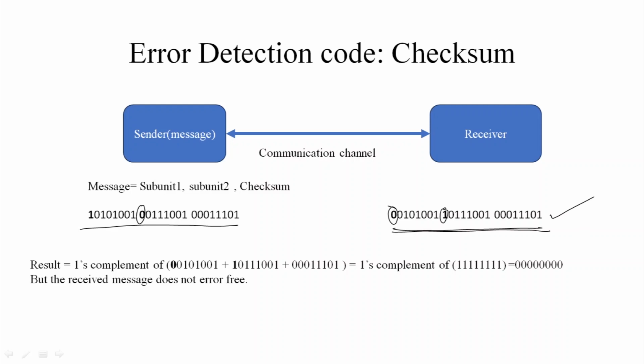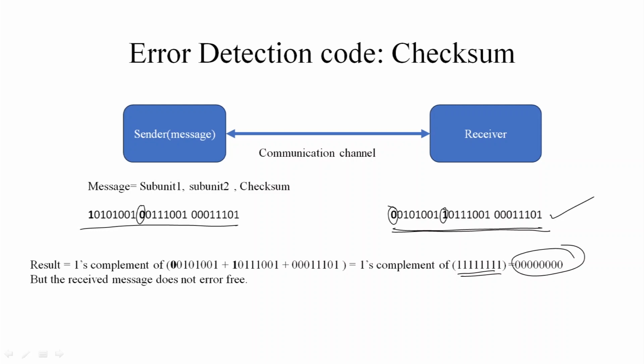When the receiver does the computation at its end, what happens? The receiver finds the ones complement of received subunit first plus subunit 2 plus their checksum. When we find the sum, this is again 1 1 1 1, and when we find the ones complement of it, that is 0 0.